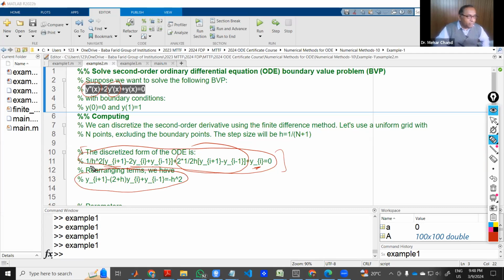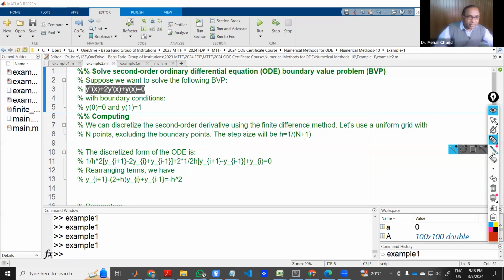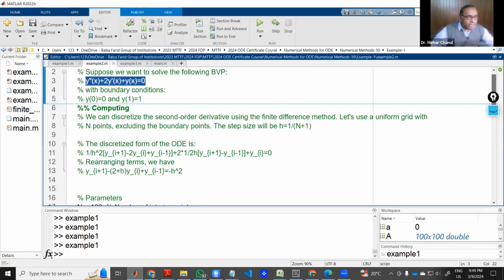Now again we will use the same way, taking i equal to 1, 2, 3, 4, and so on, and we will have a system of equations. We can easily convert it into matrix form and then write the code.